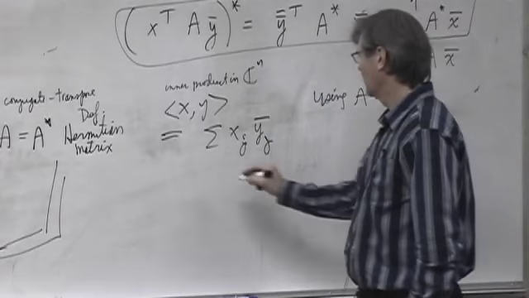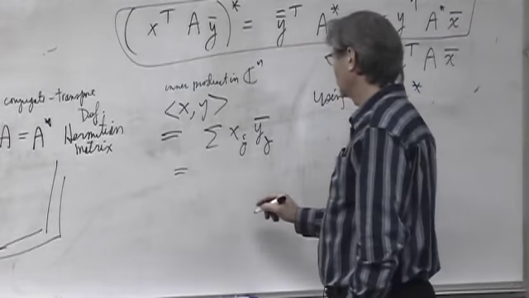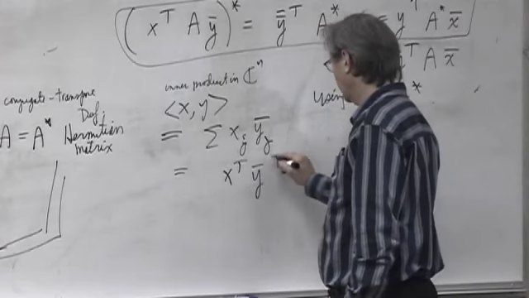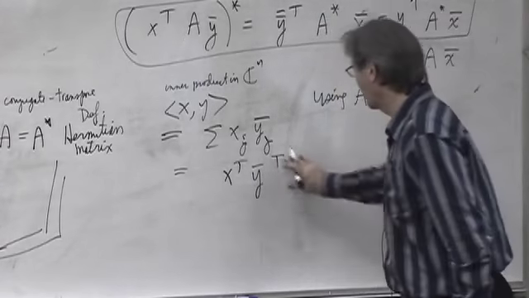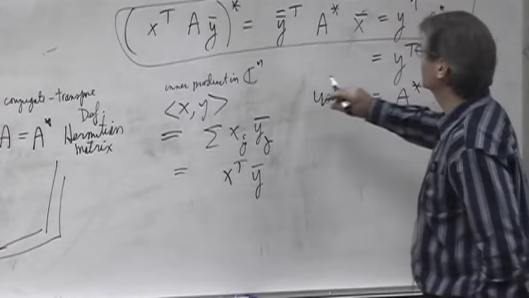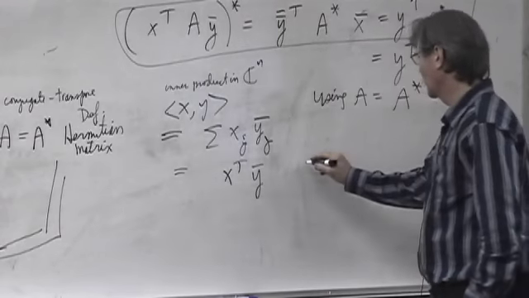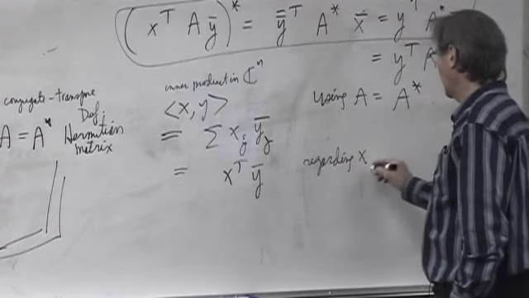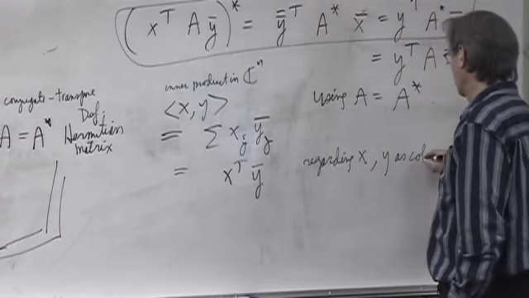Which is equal to x transpose y bar, excuse me, y bar transpose. If I think of these as column vectors, regarding x and y as column vectors.